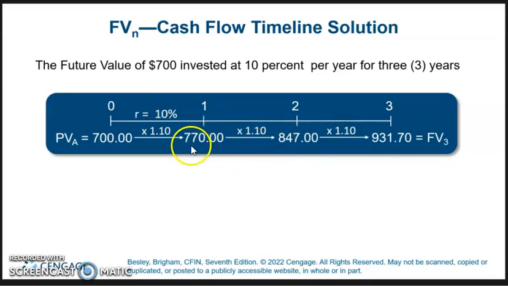We're not only earning interest on the principal, we're earning interest on the interest. So $847 times 1.1, we end up with $931.70. So we can already see that, going back to our original example, receiving the $935 would be a better option in the future, as opposed to receiving $700 today, assuming our required rate of return is 10%.